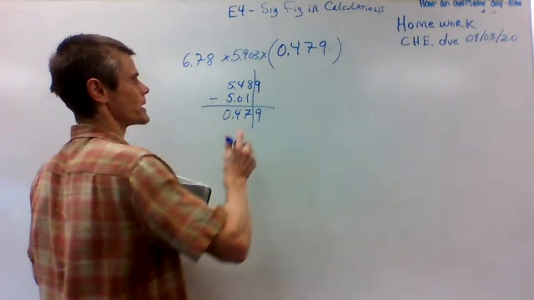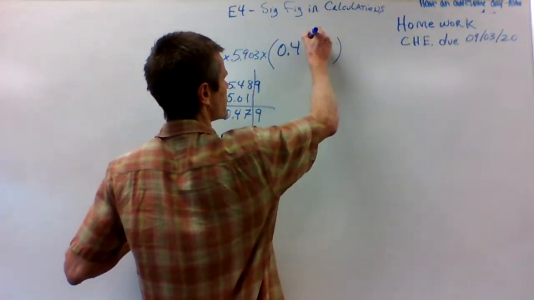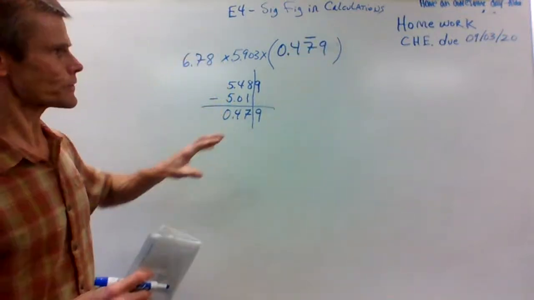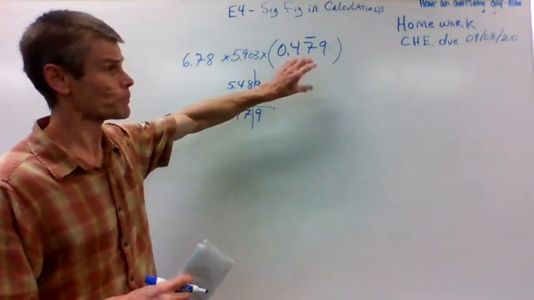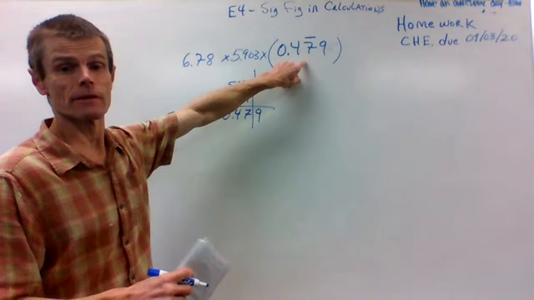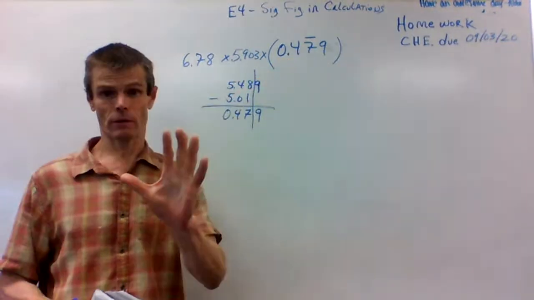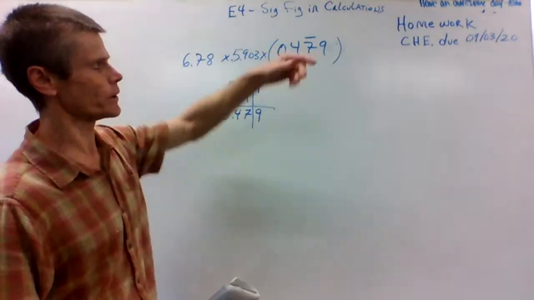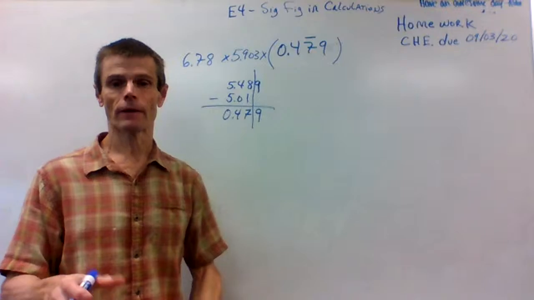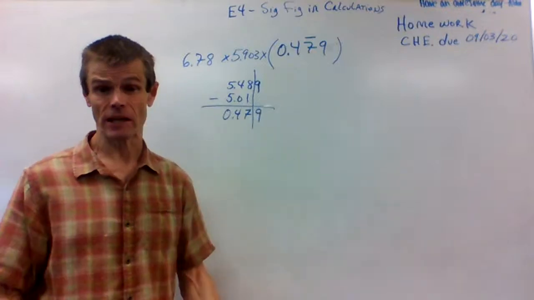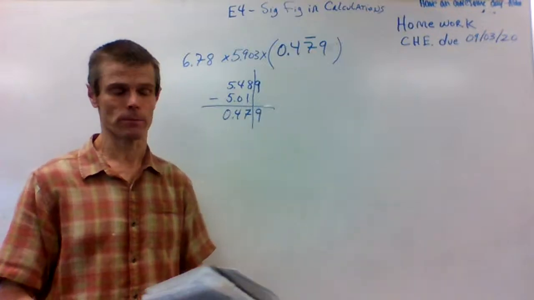I like to put some kind of indicator in that data showing that if we were done at that step, we would be limited to the hundredths position. I normally just put a little line over the spot where I'm limited in that step if I was finished with my problem.